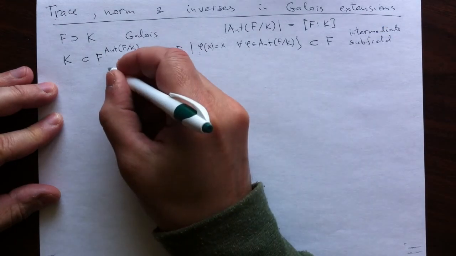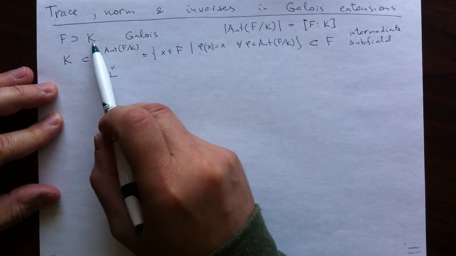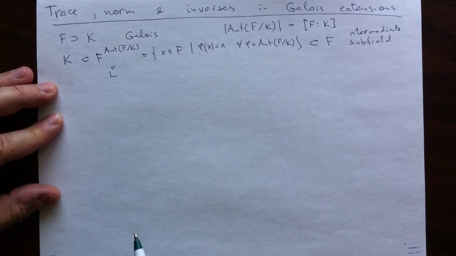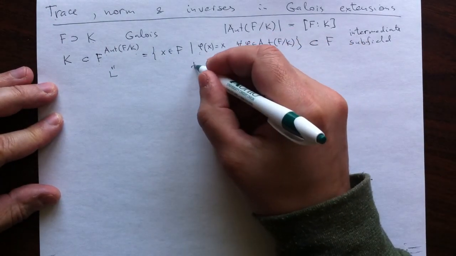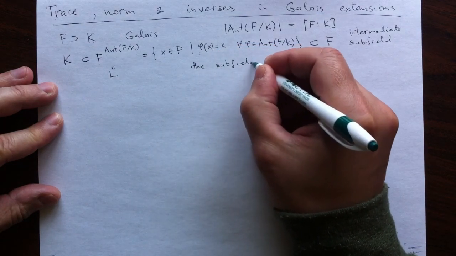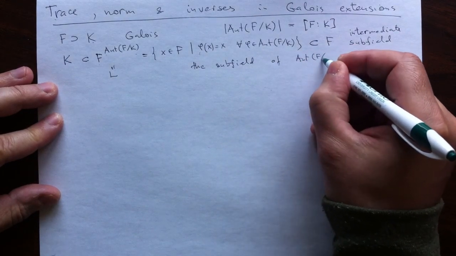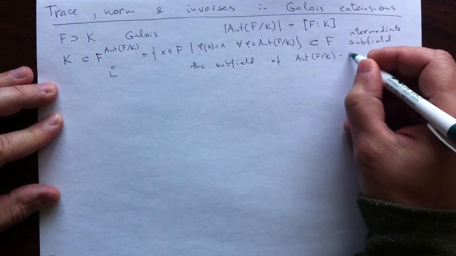So this field, let's call it L, sits in between the base K and the extension F. This is called the subfield of invariance with respect to, in this case, the full symmetry group.